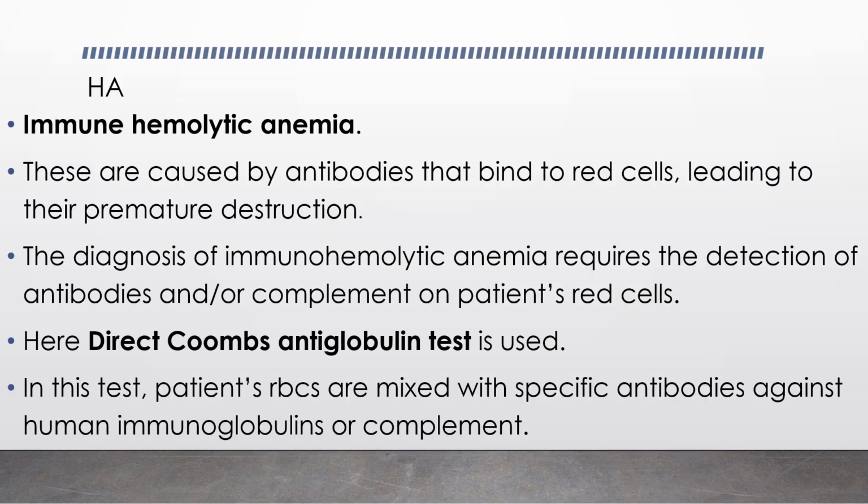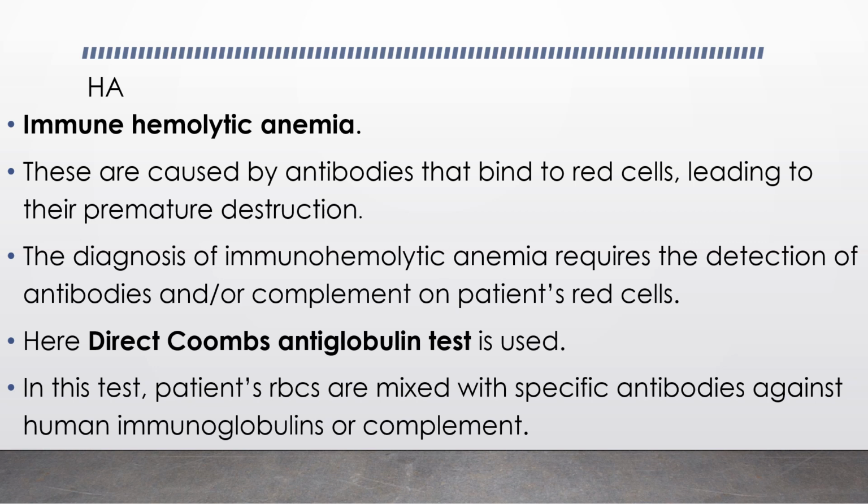Okay, so now we come on to immune hemolytic anemias. Antibodies that bind to RBCs. We actually did touch upon them in the last lecture, and diagnosis depends upon detection of antibodies or complement on patient's red cells.